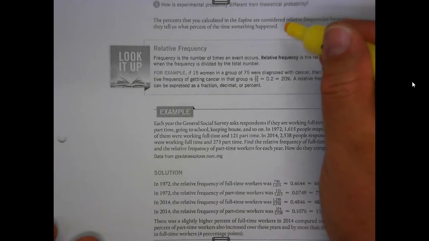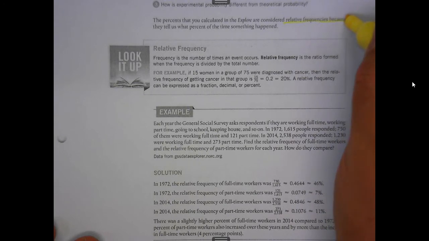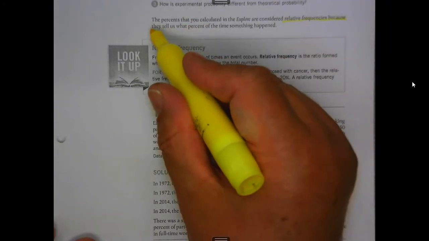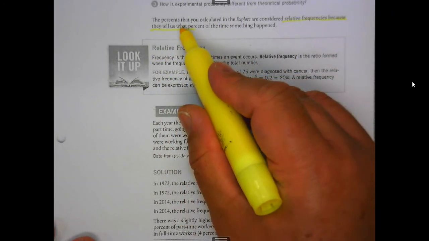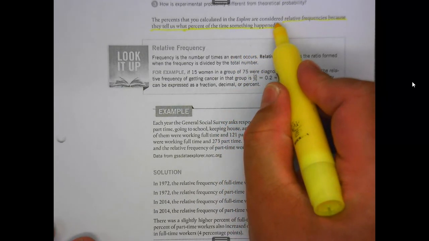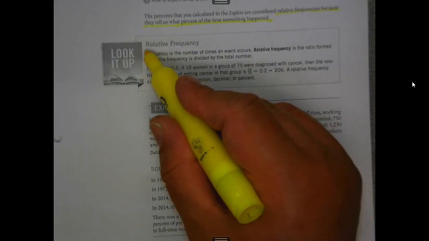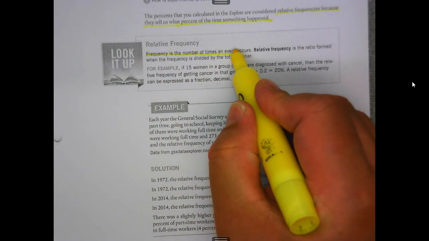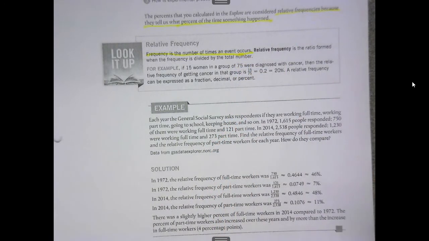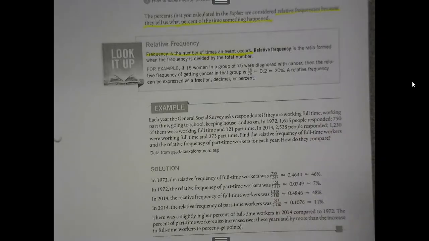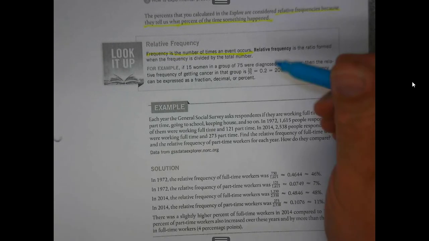The frequency is the number of times an event occurs. Relative frequency is the ratio formed when the frequency is divided by the total number. So we actually take the frequency and make it a fraction or ratio.